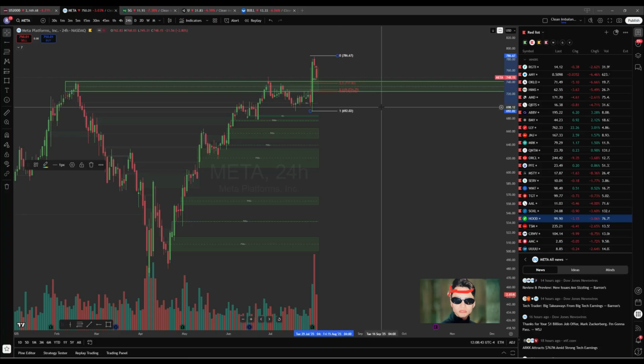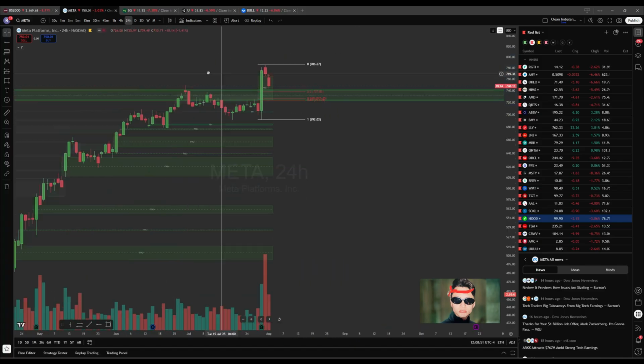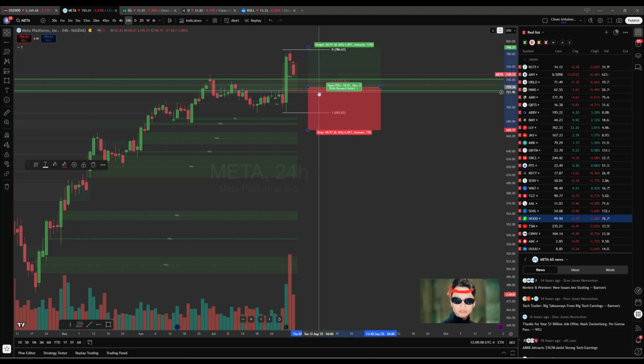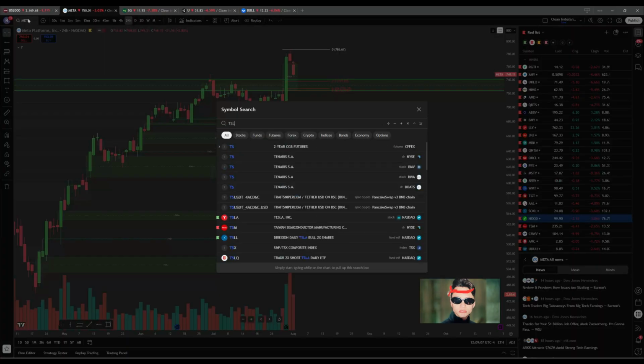So 737, 726. This is a breaker imbalance, so it should provide some support. So you want to long below the 0.5. So maybe something like this. What else? Tesla.